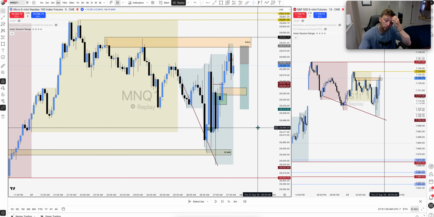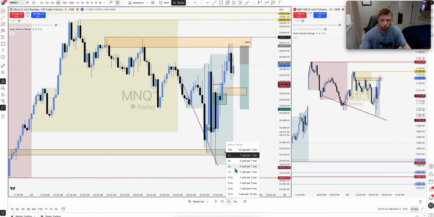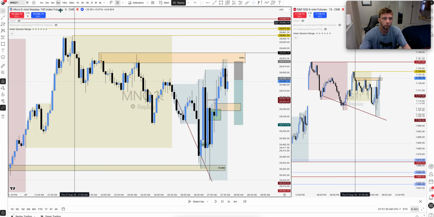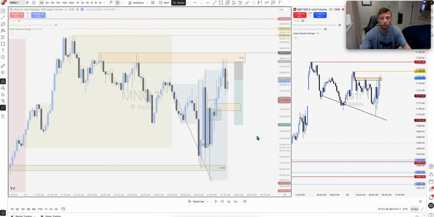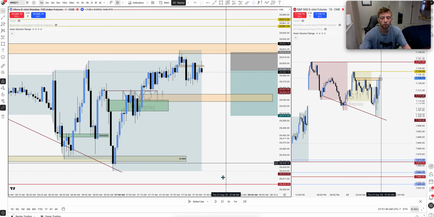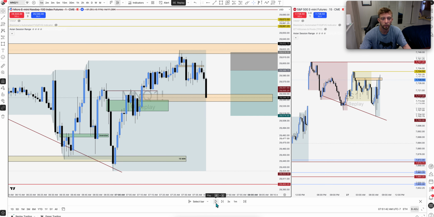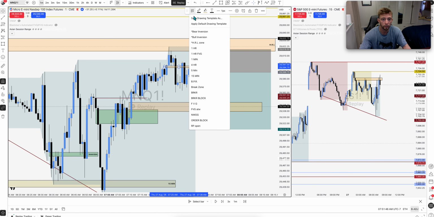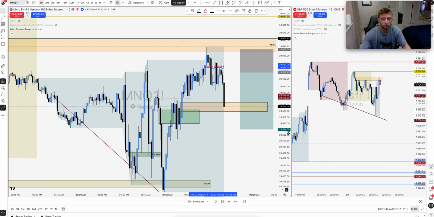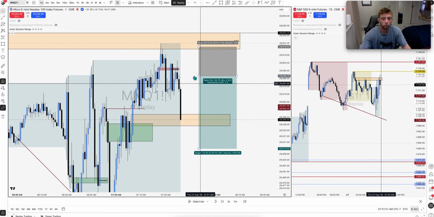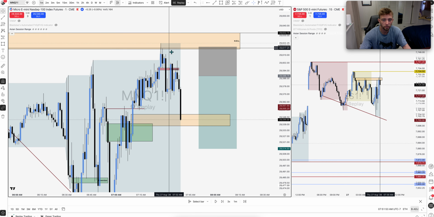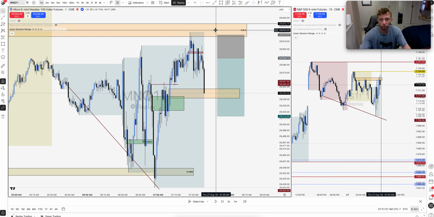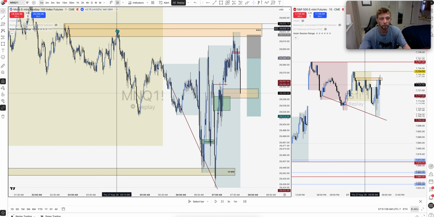But if we just go forward a little bit on the 1 minute, this is where I took the short. I took a short on this 1 minute bearish inversion. Stops were at pretty much the highs. We had a clean rejection off of that liquidity zone, equal highs.